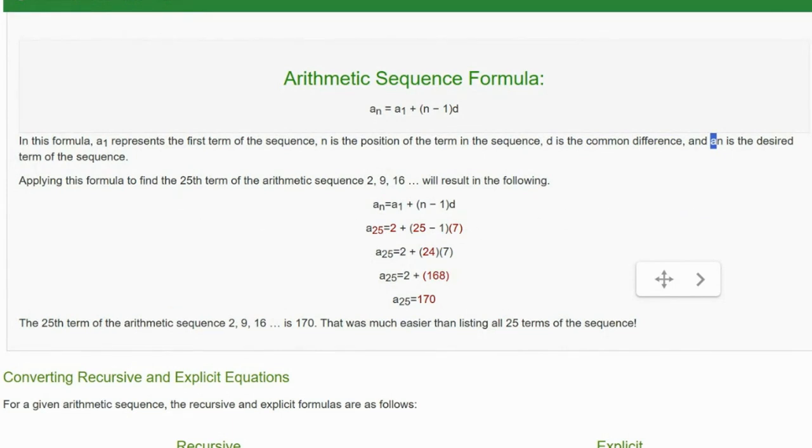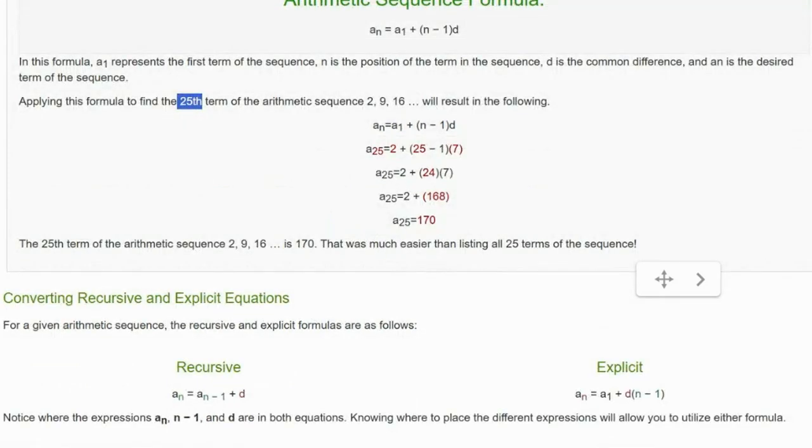So if you're looking for the 25th term, you have a sub 25 equals the first term plus 24 times the common difference, which is 25 minus 1. So 170 would be the 25th term in the sequence without having to list them all, without having to do them one by one by one.